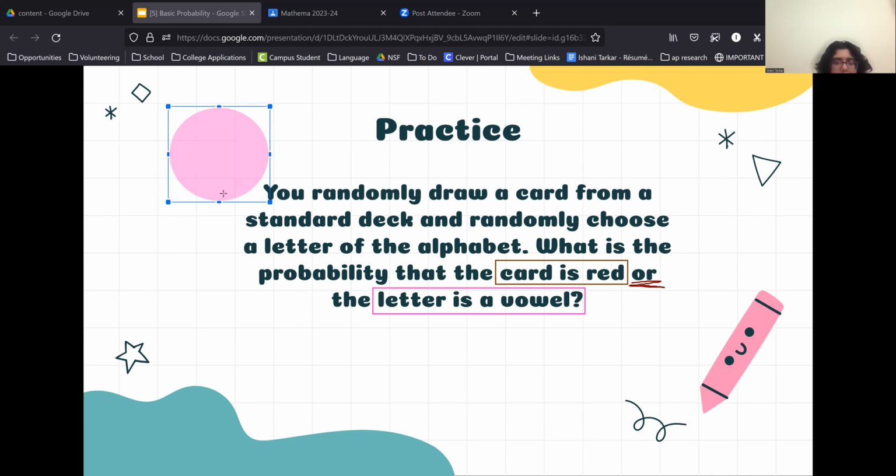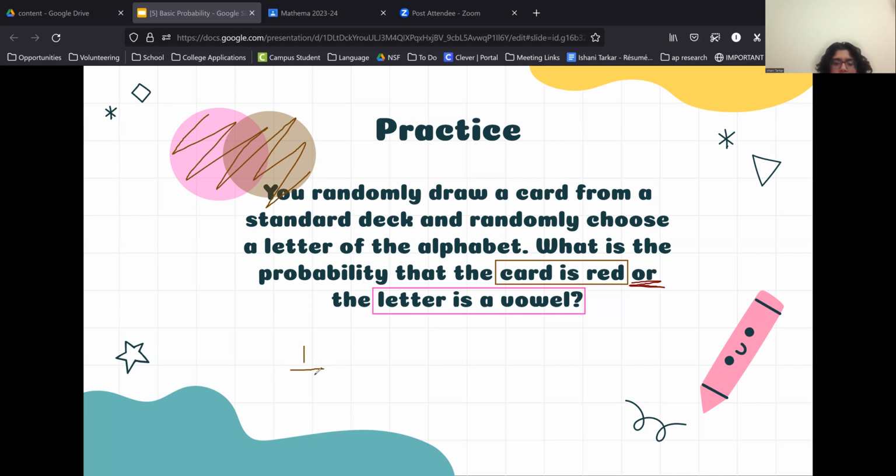And right now we are looking at what the total is, right? Because we are looking at or, right? So we want to find out what the entire region would be. So what this whole thing is, right? So the probability that the card is red is 1/2, right?